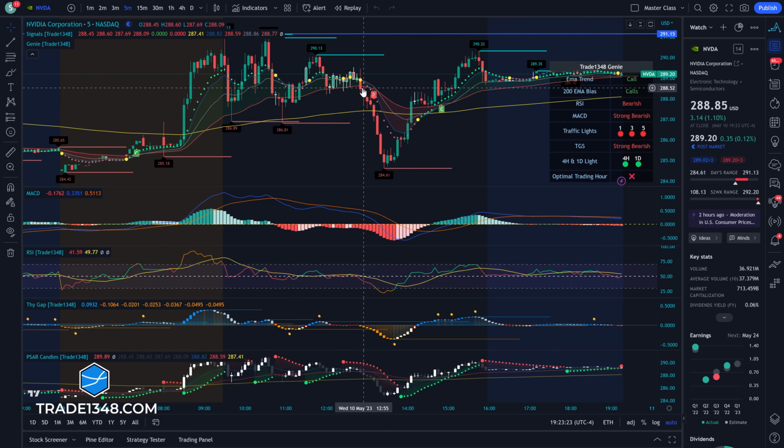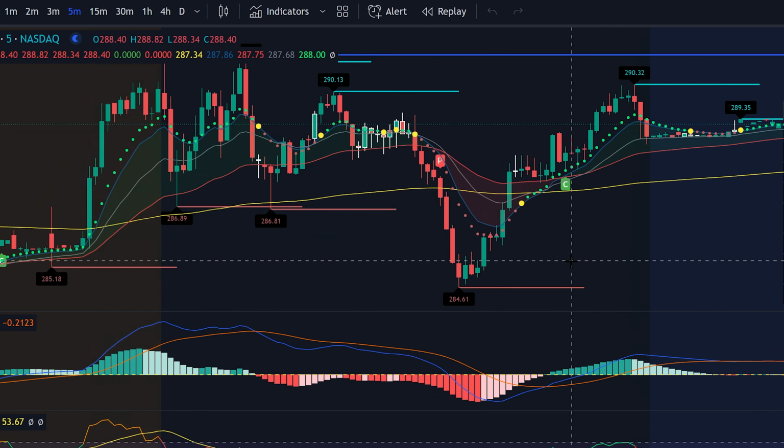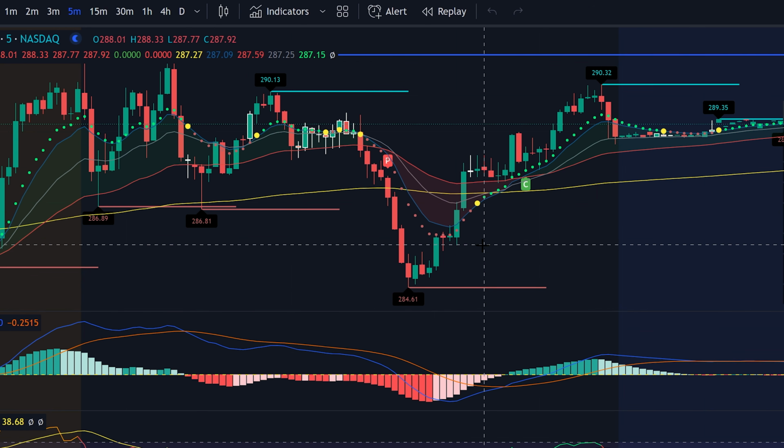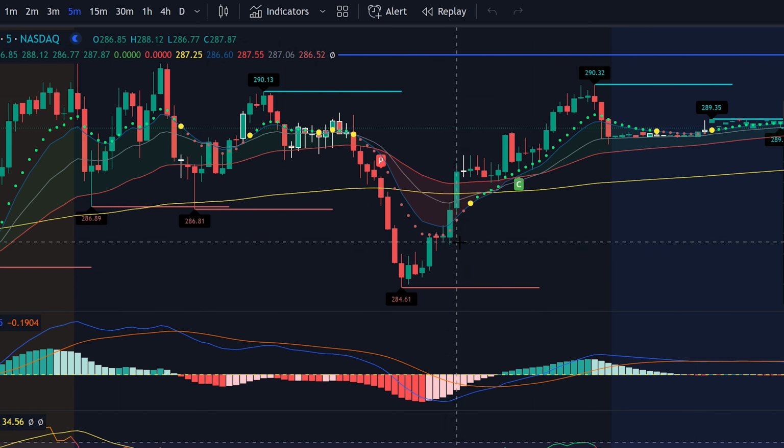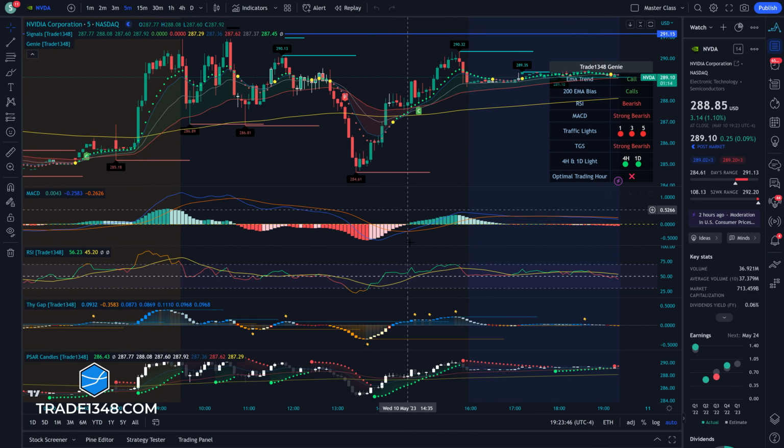But we do get the signal here with the traffic light coming down, price action breaking below the 24, which is this gray line here. And of course, leading us into the put signal. Essentially, what we've done is created an algorithm that allows you to front run these signals, allowing you to profit hugely. Let's go ahead and look at some of the other indicators.